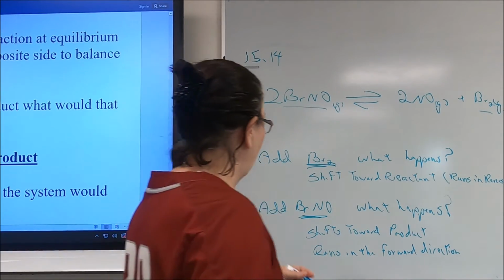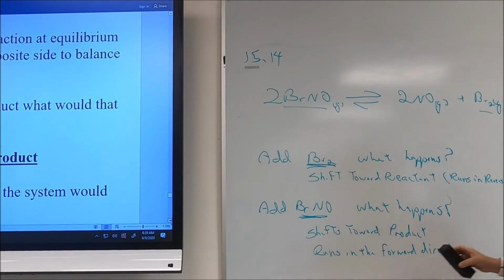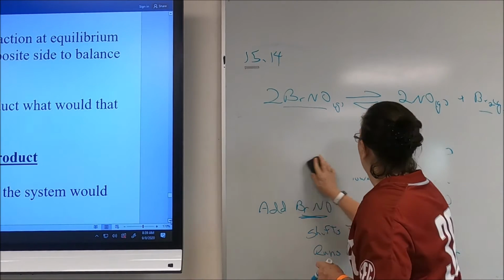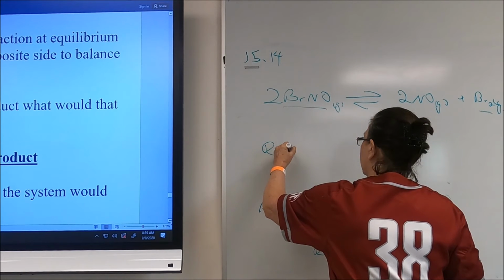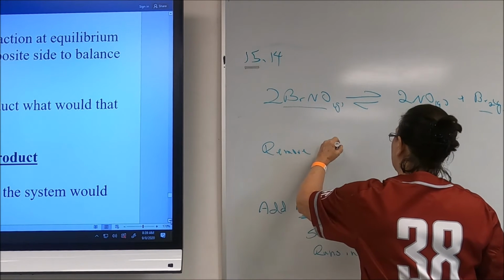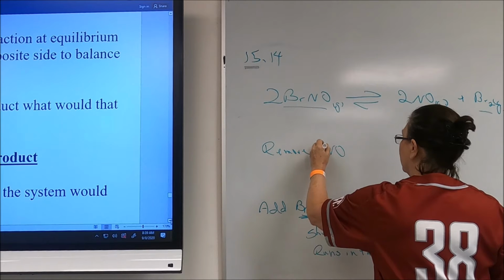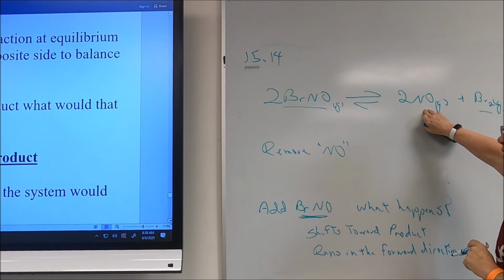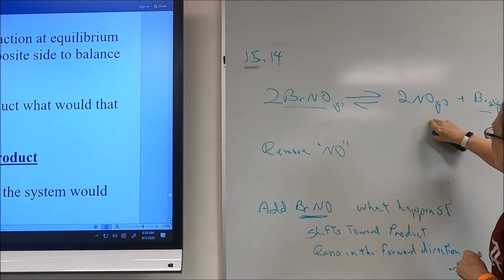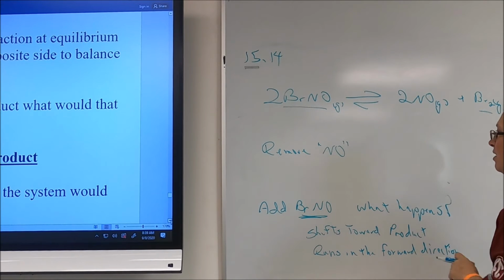Now looking at this same reaction, okay, because we might as well get double duty out of it. What would happen if I remove nitrogen monoxide? Well, I have something, a second reaction or some kind of absorber that specifically absorbs that material.